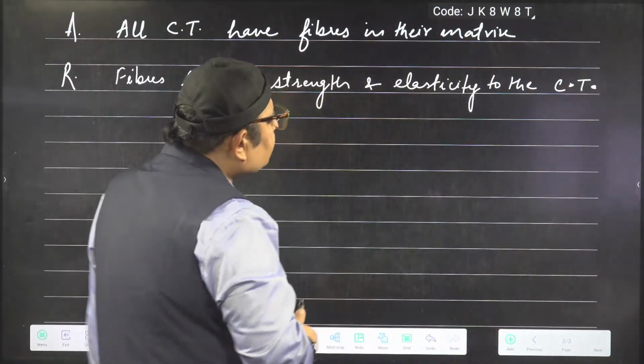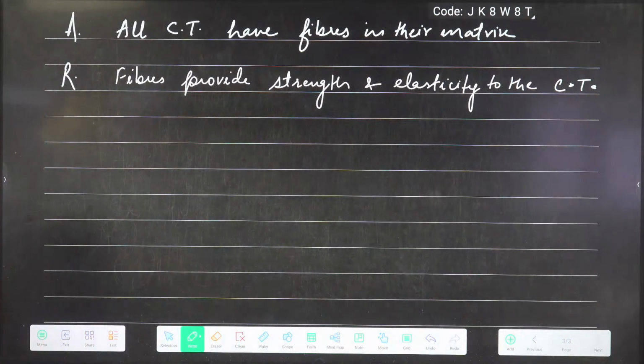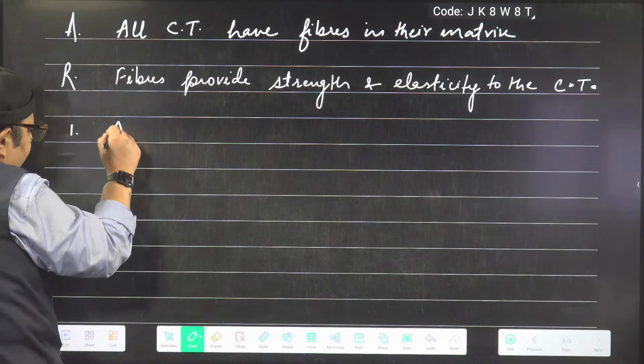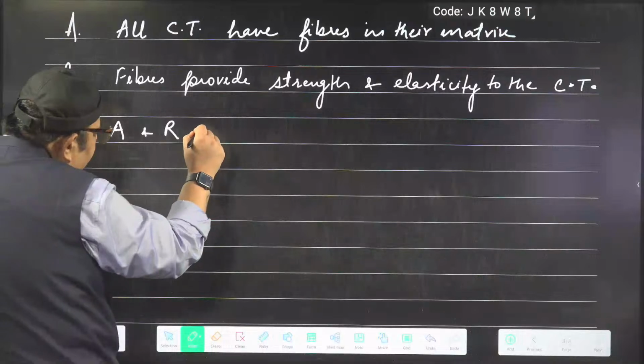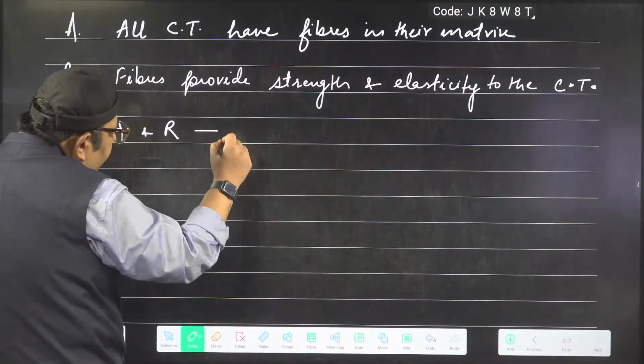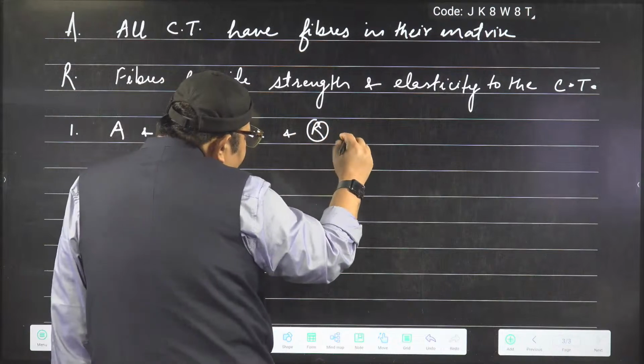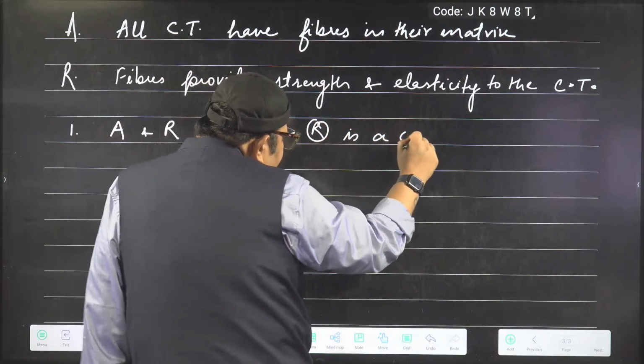Now option number 1: assertion and reason are true, and reason is a correct explanation.